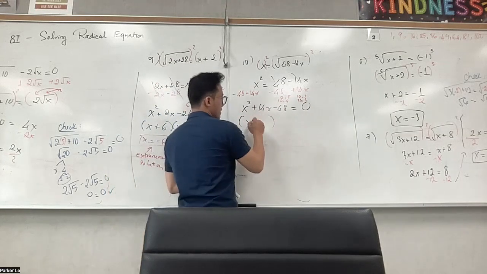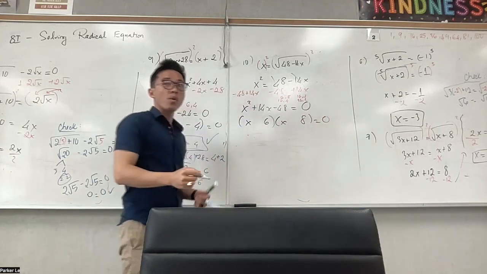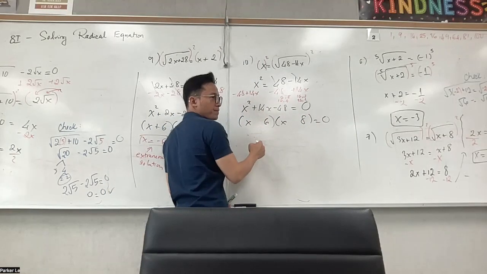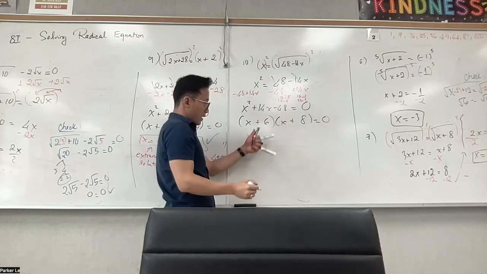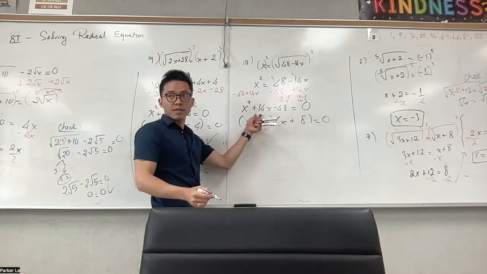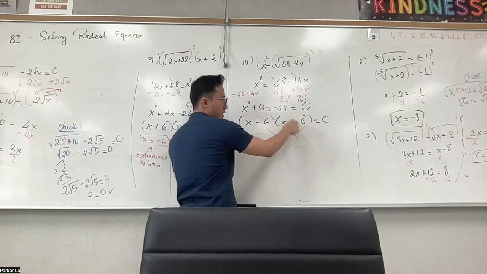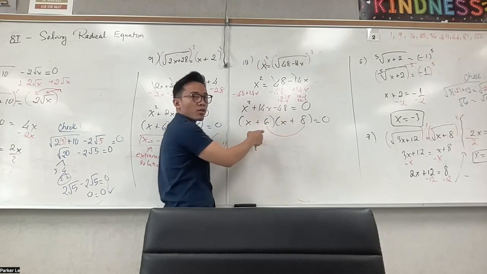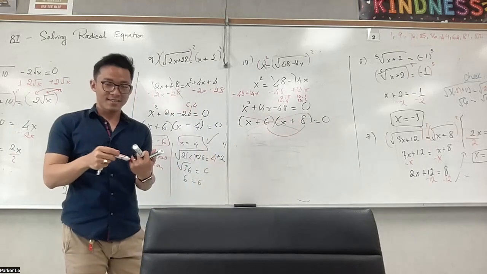But okay, look at this. That's why I told you, we need to check. What is the sign of 6 and 8 that can give you 14? Plus and plus, right? Because 6 plus 8 is positive 14. But look at this. When you multiply 6 times 8, do you get negative 48? No, so this is not working. So what are we gonna do?